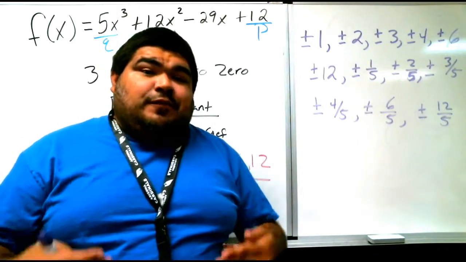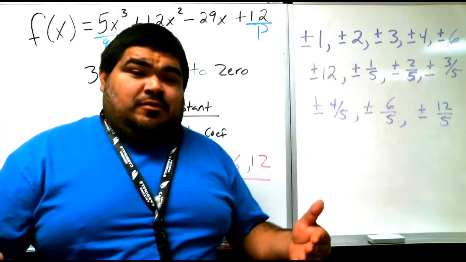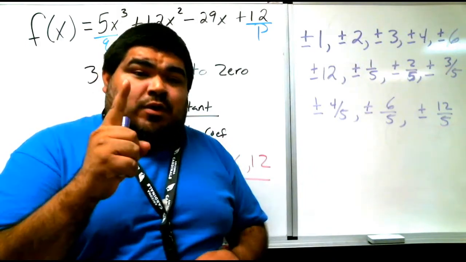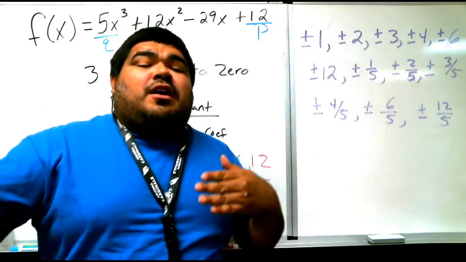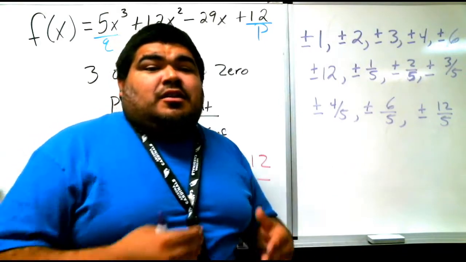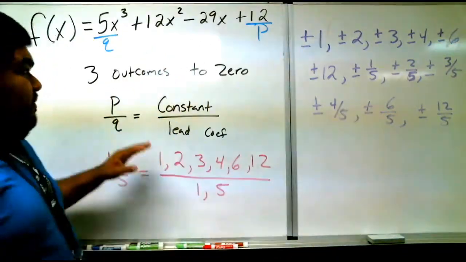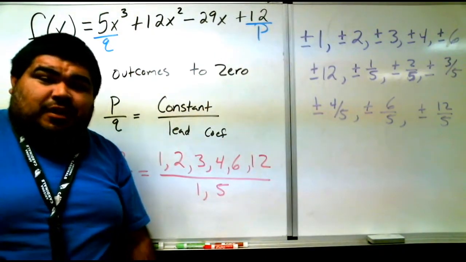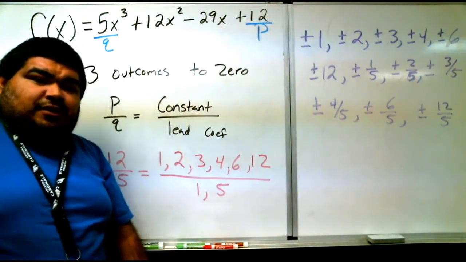There are some that you have to do trial and error for in order to find them. I will say this: once you find one of them, it's easier to find the rest with other techniques we've learned from quadratics and past concepts. So let's try some trial and error. Make sure you write all this down. If you need to pause the video, go ahead and pause it, and then we can continue on today's video.